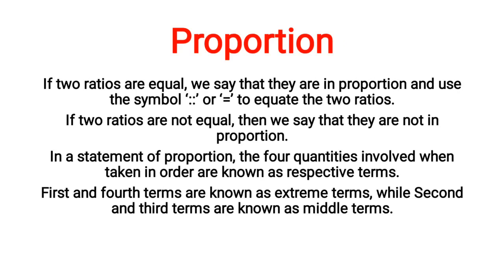If two ratios are equal, we say that they are in proportion and use the given symbols to equate the two ratios. In a statement of proportion, the four quantities involved when taken in order are known as respective terms. Here, first and fourth terms are known as extreme terms, while second and third terms are known as middle terms.